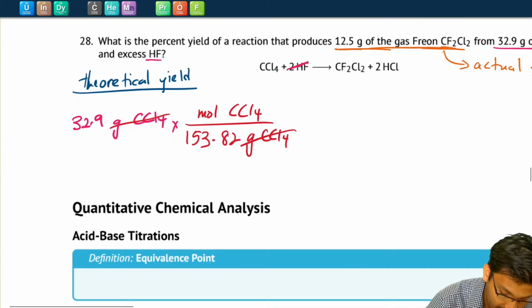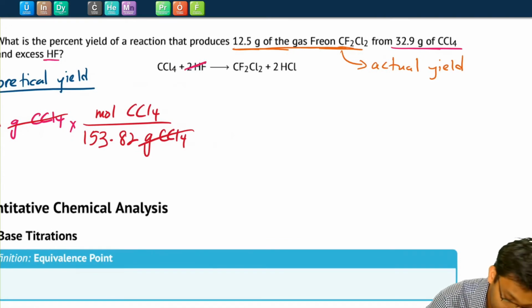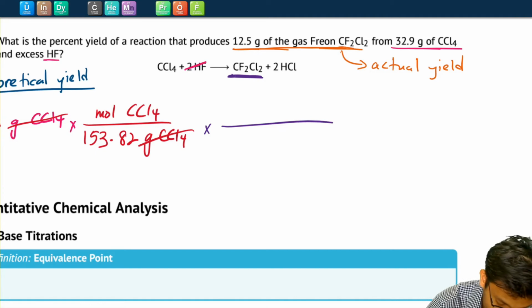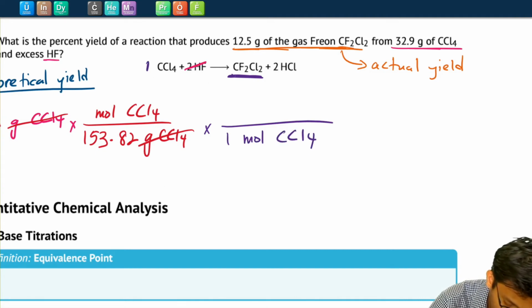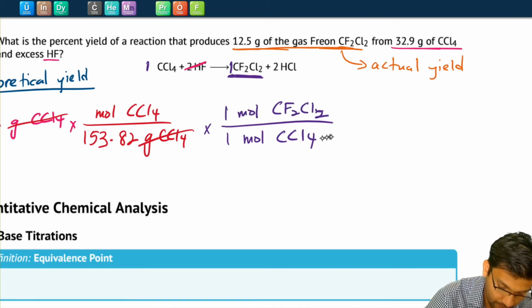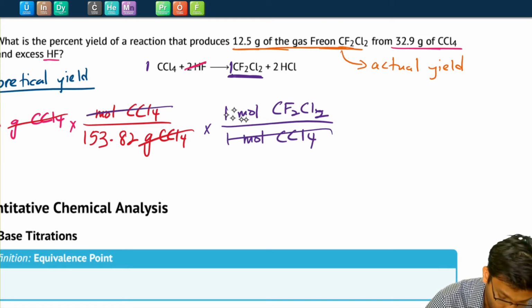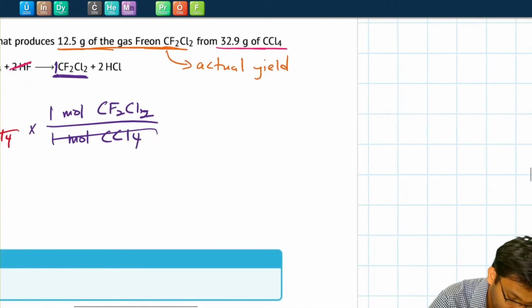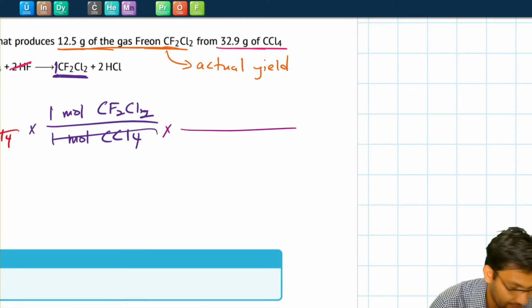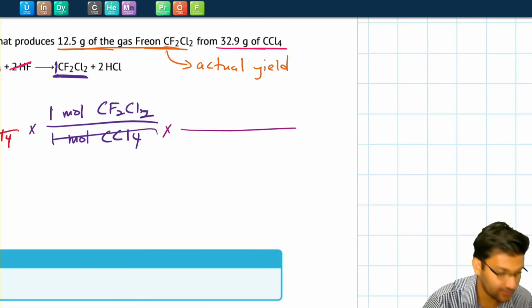Now that we have moles of carbon tetrachloride, we can find moles of Freon, which is the product that we're interested in. So 1 mole of CCl4, according to this equation, gives us 1 mole of CF2Cl2. Okay, now that we have moles of Freon, we can convert to mass of Freon to get our theoretical yield.